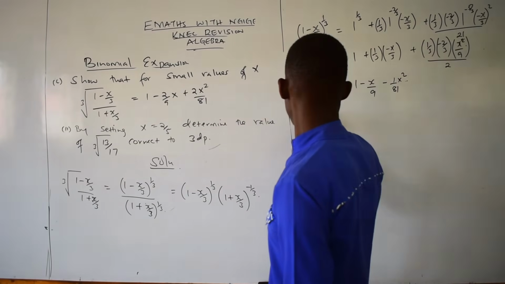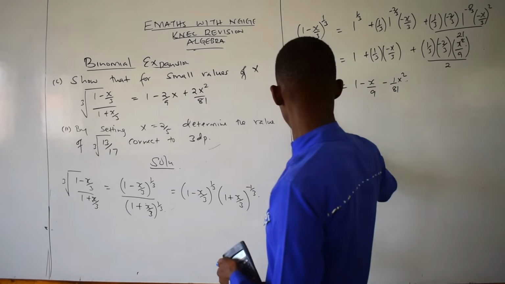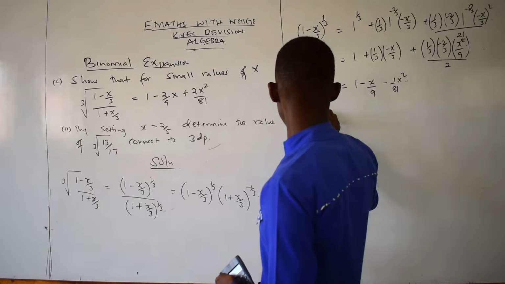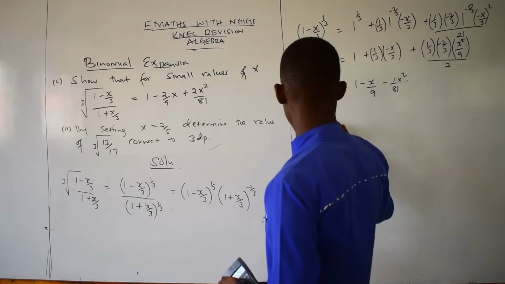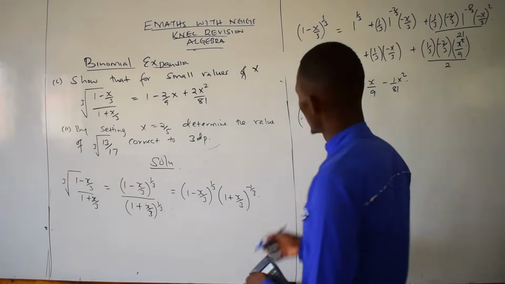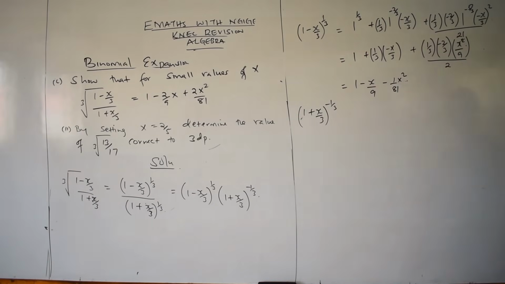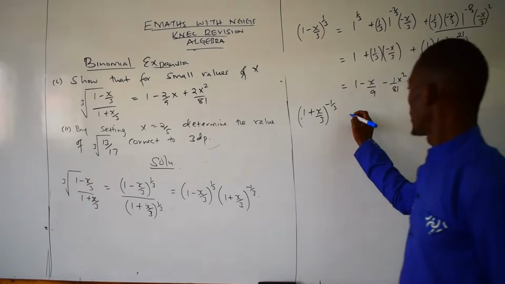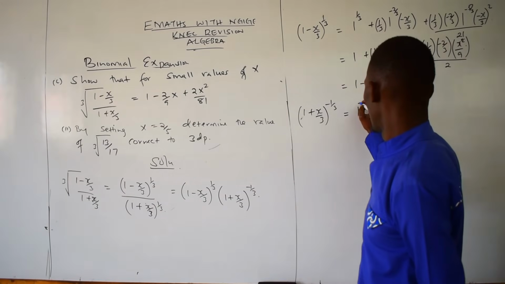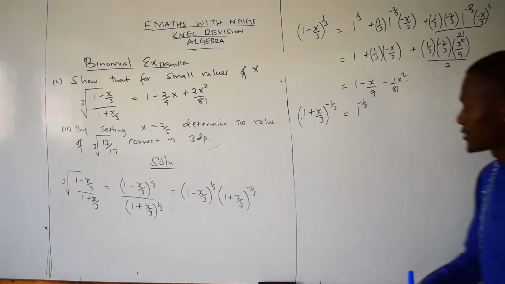We have 1 plus x over 3 raised to power negative a third. Again, 1 is the first term.